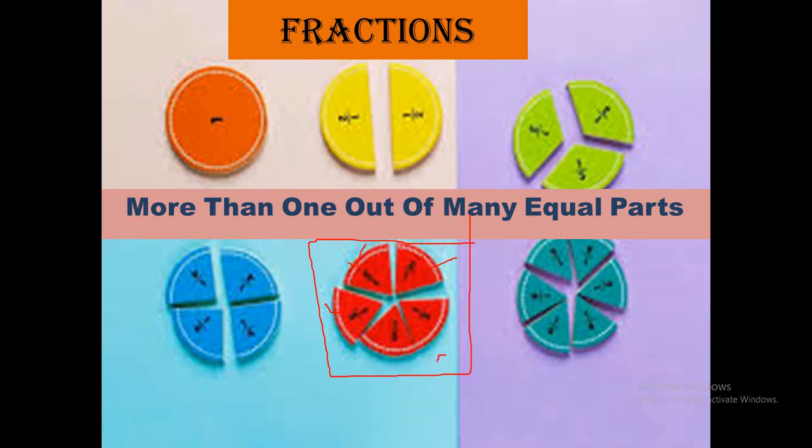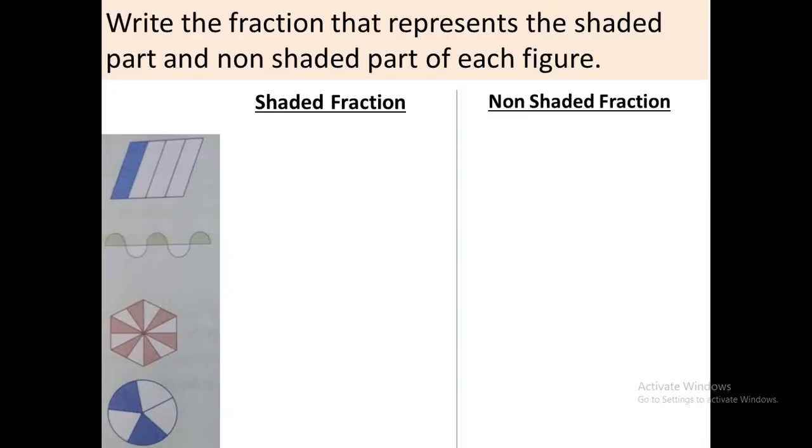Out of total 5 equal parts, you have picked up 1, 2, 3 equal parts, right? Now, how to represent the number in fraction? Here, we are going to study this topic in this class. I hope this is clear.